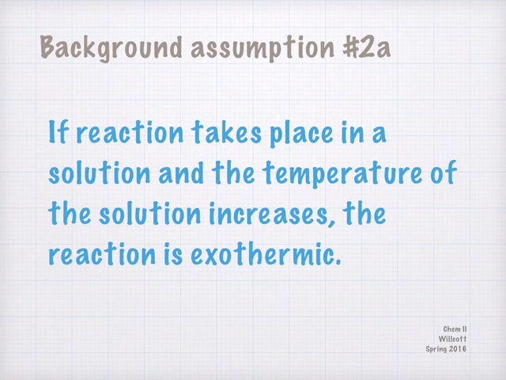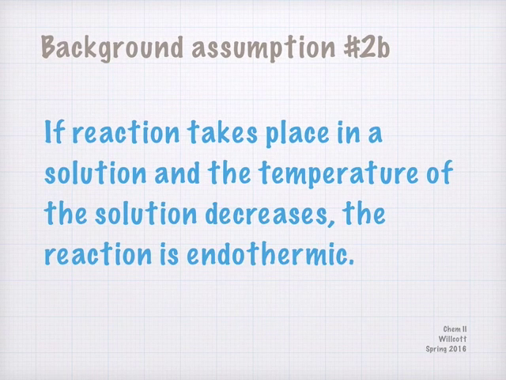The solution is serving as the surroundings, and the temperature of the solution is going to be increasing. Similarly, if the reaction is taking place in the solution and the temperature of the solution decreases, that means the reaction is endothermic, meaning the reaction is absorbing heat. And where does it absorb it from? It absorbs it from the surroundings, which happen to be the solution.